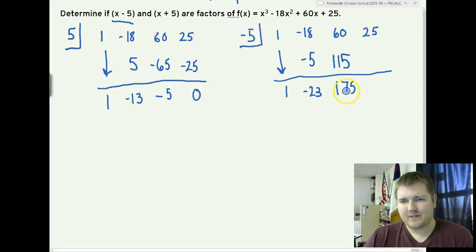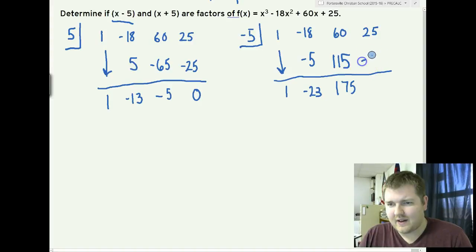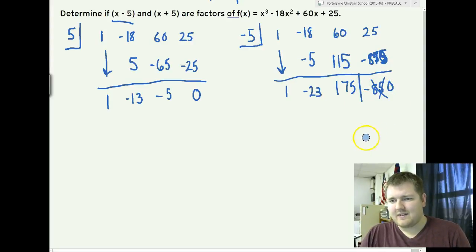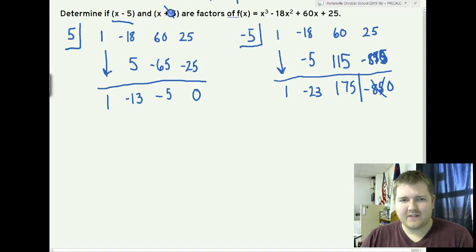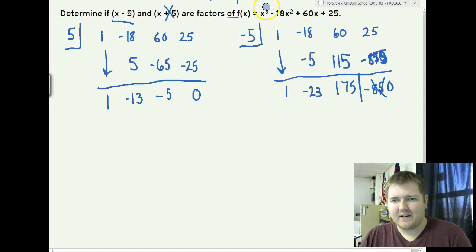And then negative 5 times 175 would be negative 875, and then when I add 25 and negative 875, I get negative 850. That remainder is definitely not 0, so x plus 5 is not a factor of this polynomial.